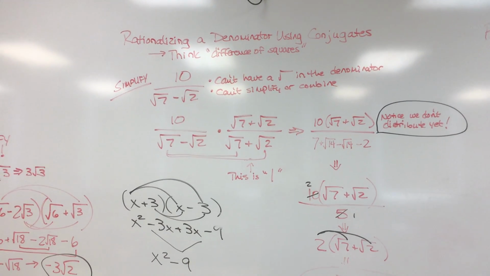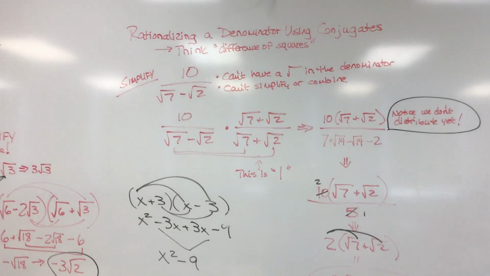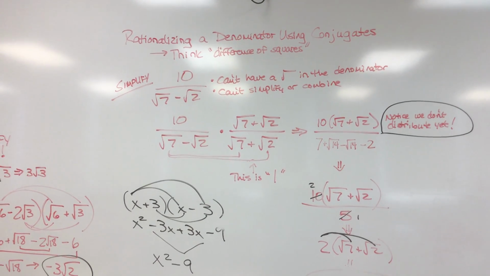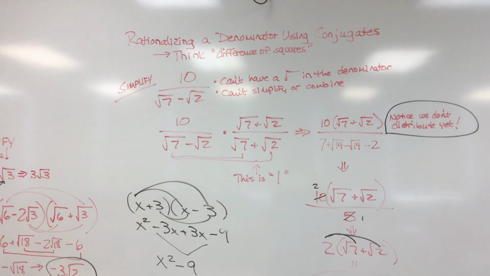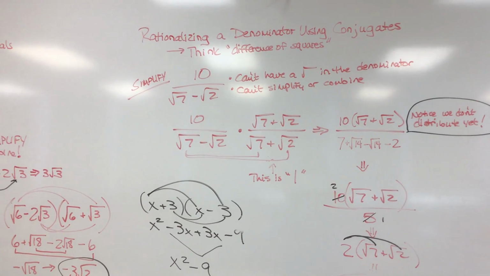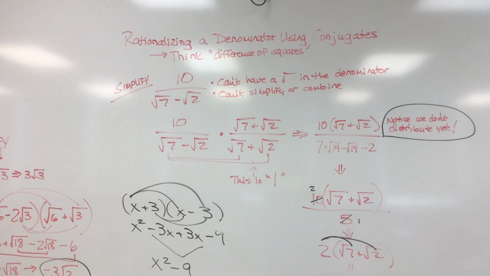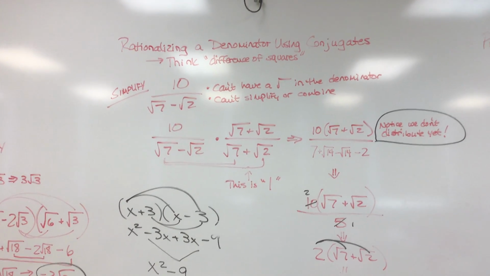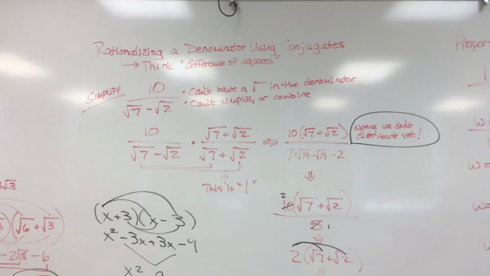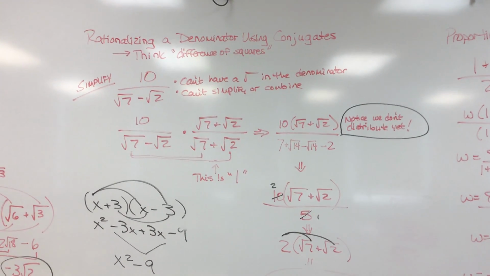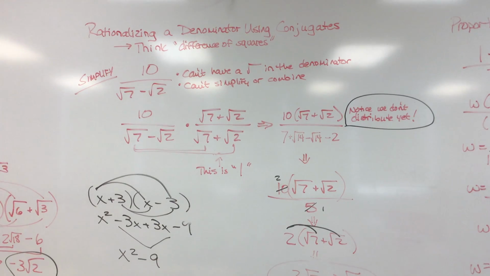And in this case, we want it to look like the exact same binomial, radical 7 and radical 2, but instead of minus, like our original expression has, we're going to use plus. And why we do that is when we multiply radical 7 times radical 7, we get 7. Remember, anytime we square a radical, they undo each other.